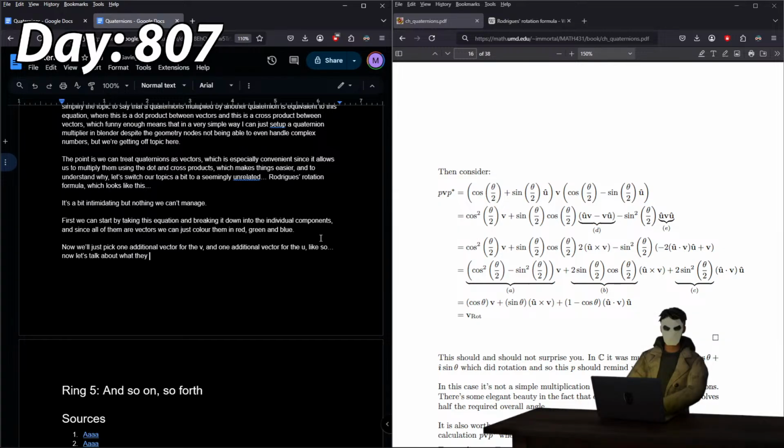Now what they do. Starting with the red one, you can see that it's just the V vector multiplied by a cosine.